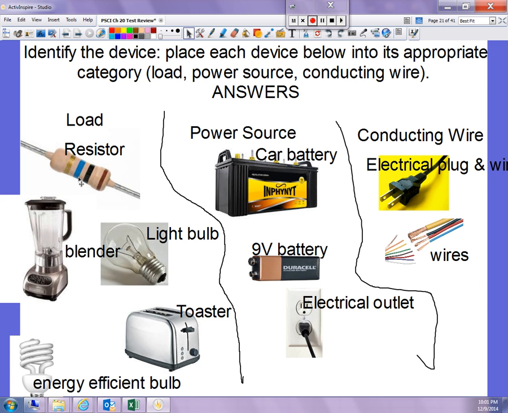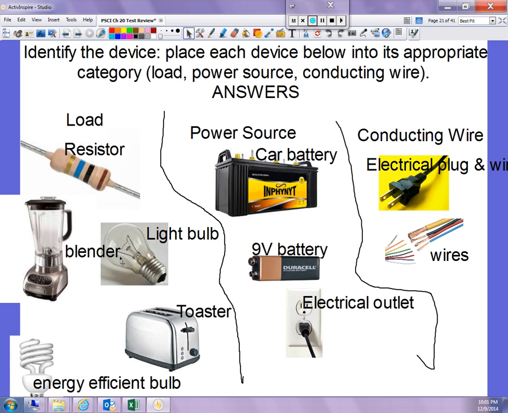A blender is just an appliance that converts electrical energy as it's going through the device into sound and mechanical energy. A light bulb, which we've used a bunch in class, is just a device which converts electrical energy into thermal energy and light. And these are just resistors.